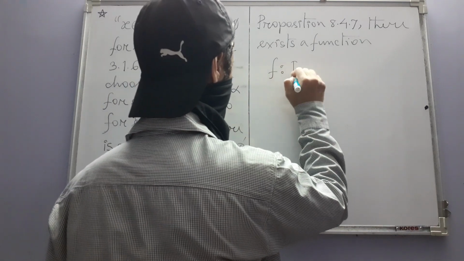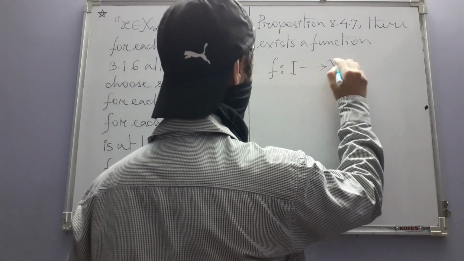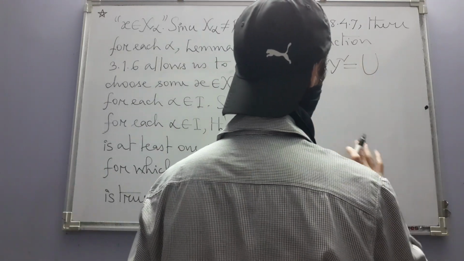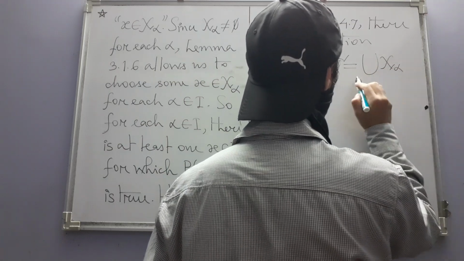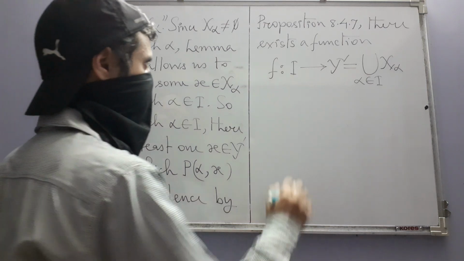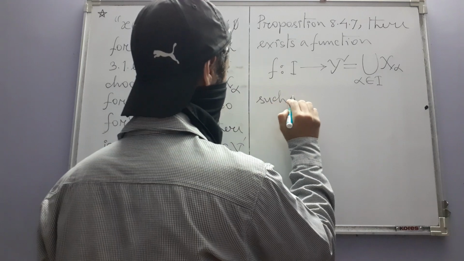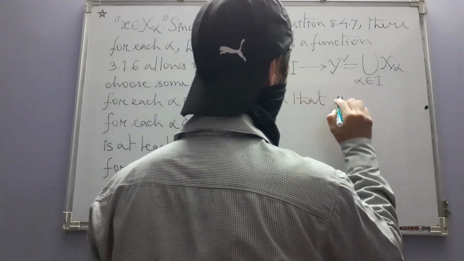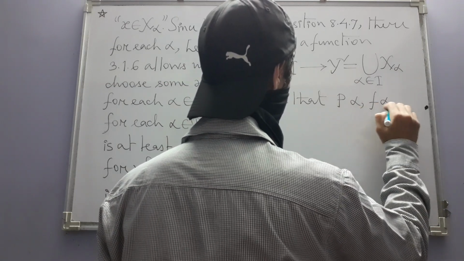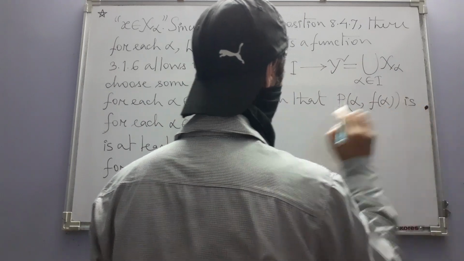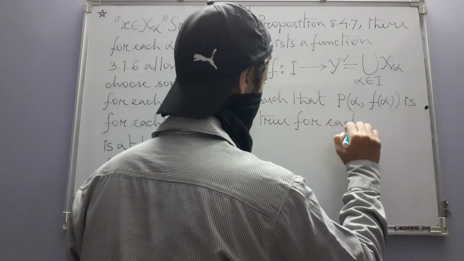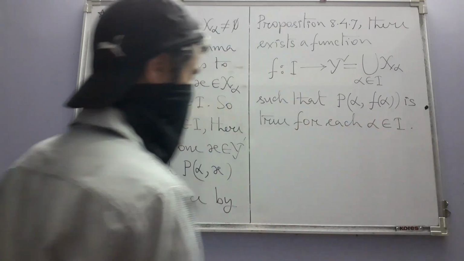That means from I into Y prime. Let's just write what Y prime is. That way it will be easier to interpret things later on. But this has that property, right? Such that P of alpha comma f of alpha is true for each alpha belonging to I.